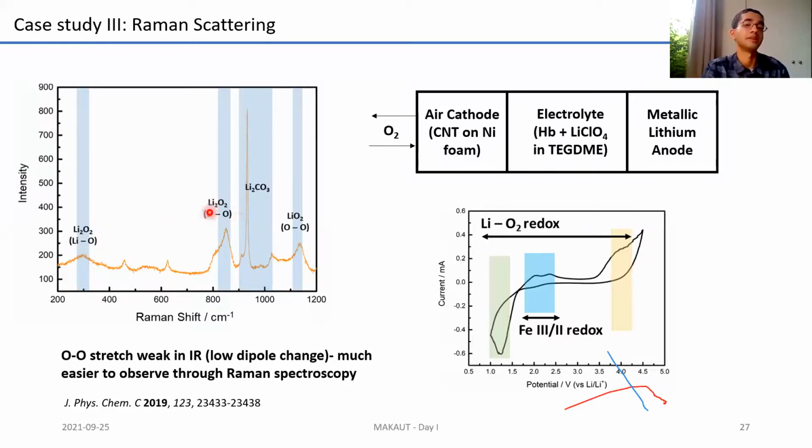The O-O stretch, which is weak in IR because of low dipole change, is much easier to observe through Raman spectroscopy. So this is the utility of Raman: if you're studying a system which is not visible in IR, go for Raman. It gives much weaker signals, so you might have to do longer measurements to increase statistics, but you will get good signals out of it.